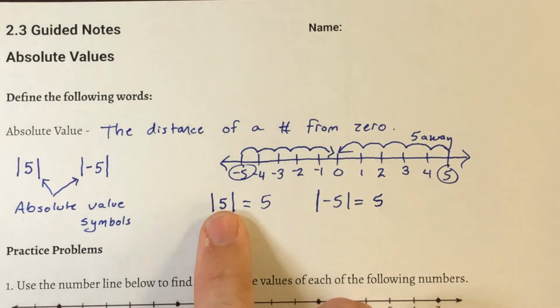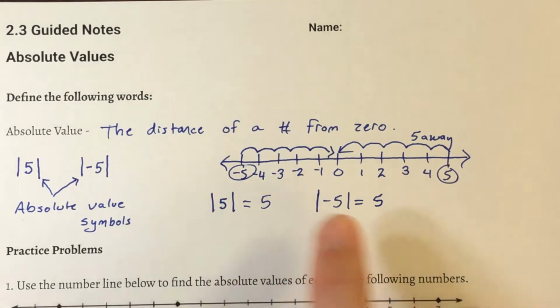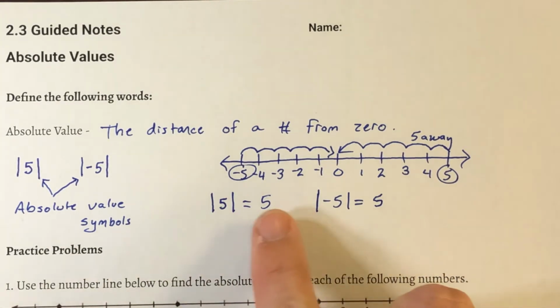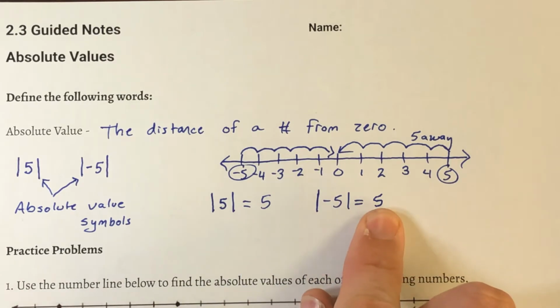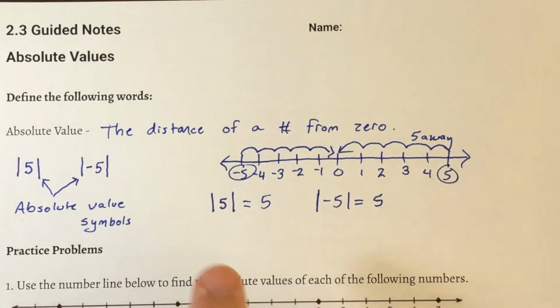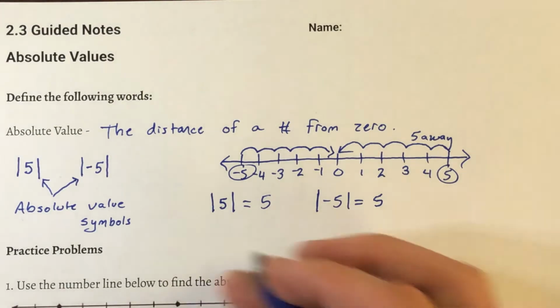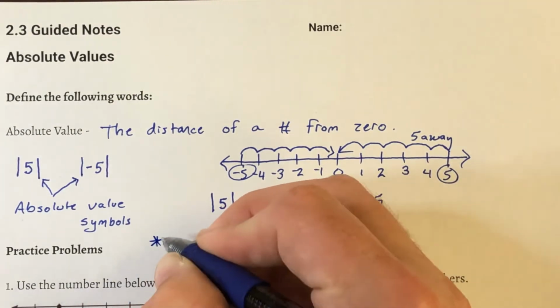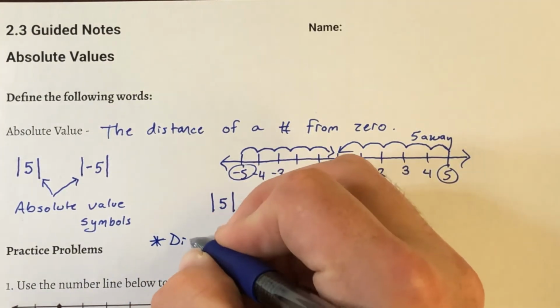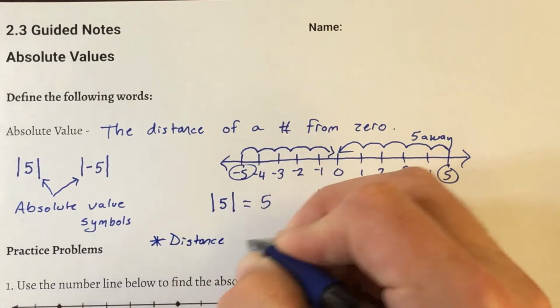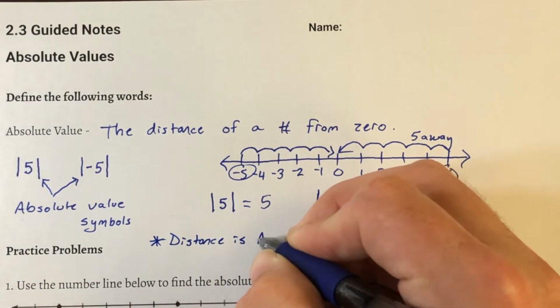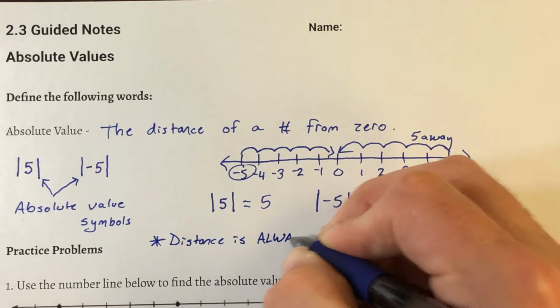So notice, absolute value of +5, absolute value of -5, the answers are both 5, because distance is always positive. You can't travel a negative distance. Distance is always positive.